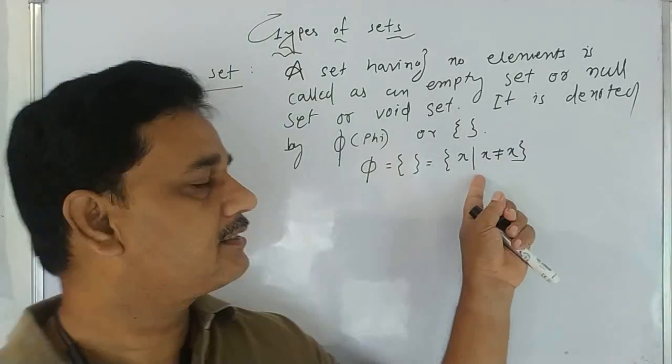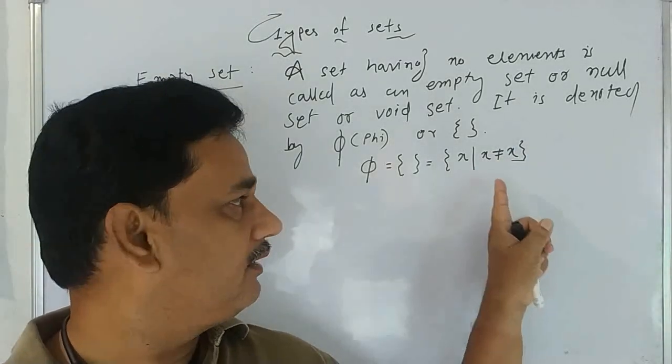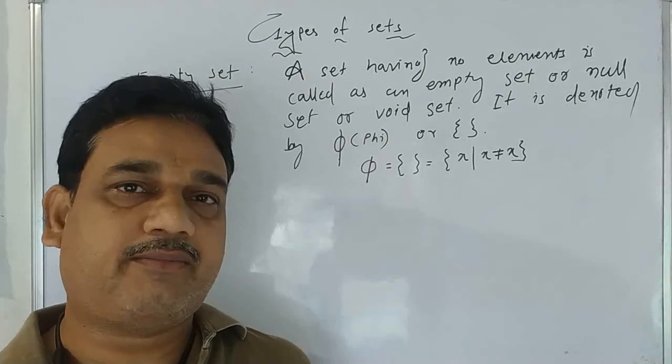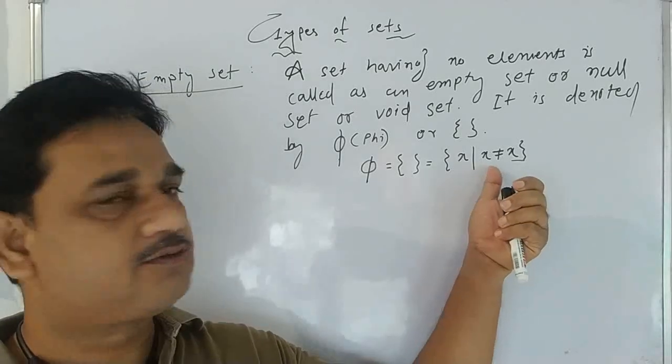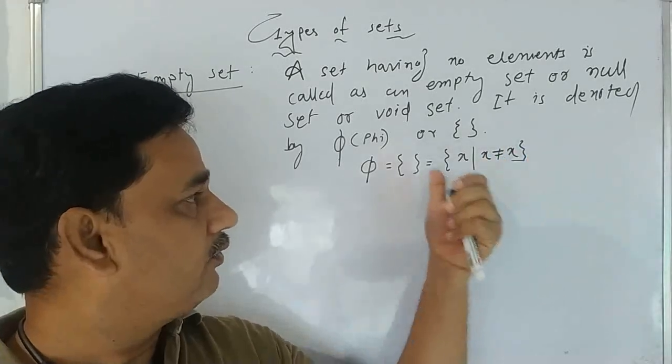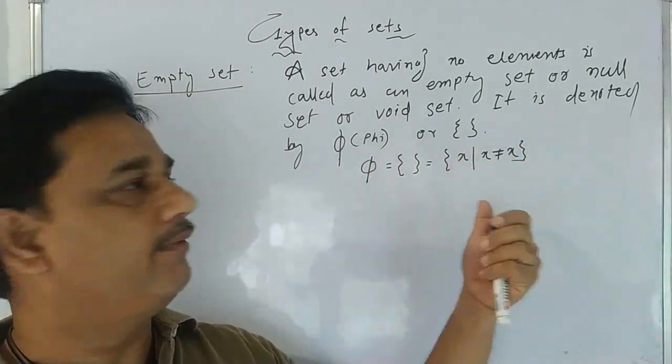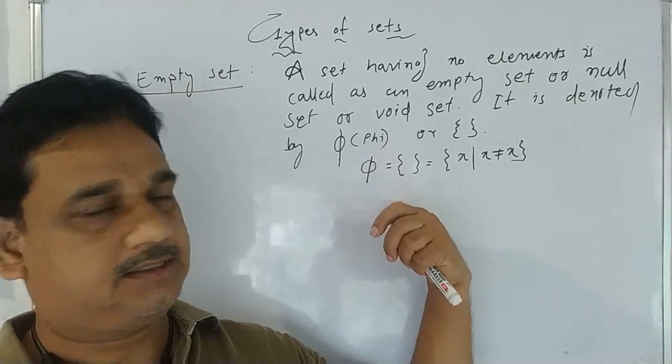Since there is no element, see, x not equal to x is impossible. There is no such element that the element cannot be equal to itself. Hence, there is no possibility of this. So, you will not get any element.